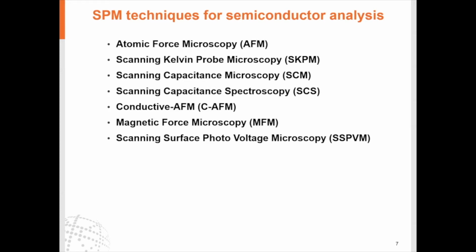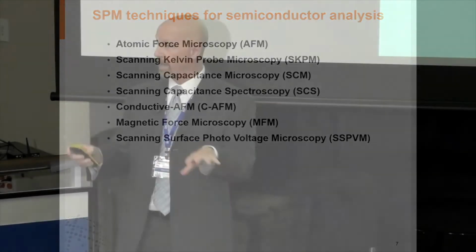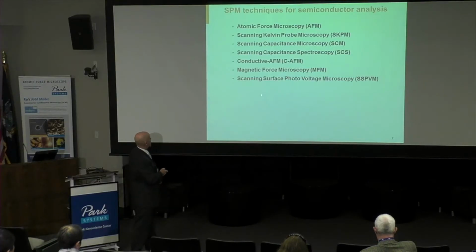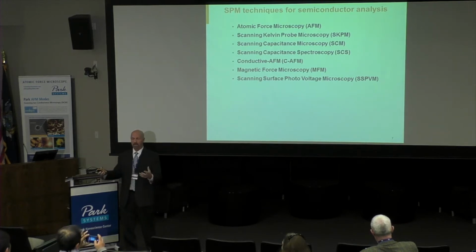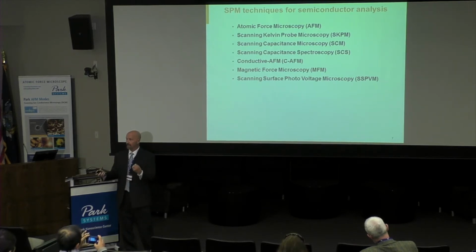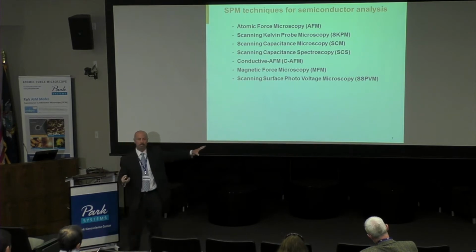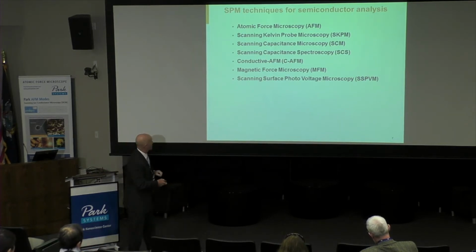I mentioned how critical it is for dopants to be in the right place to have a properly functioning device. Scanning capacitance microscopy has been the workhorse technique that has given us the capability to analyze devices from the micron scale many years ago down to the nanoscale devices that we're at now. The spectroscopy technique is what I'm going to talk about in detail, and how that's enabled us to get much more information out of the device rather than just taking a simple scanning capacitance microscopy image.